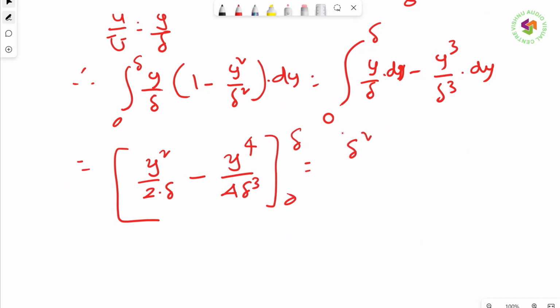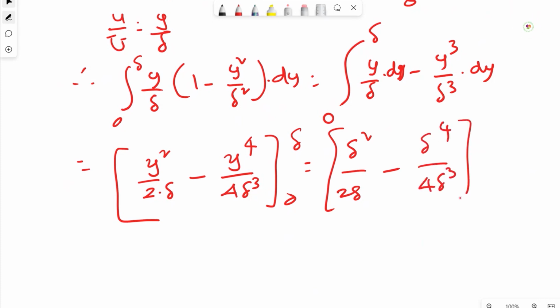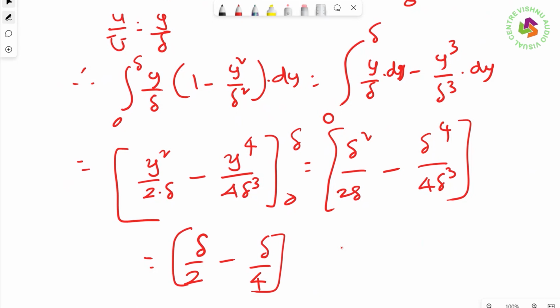So it is delta square by 2 delta minus delta to the power of 4 by 4 delta cube. So it is equal to delta by 2 minus delta by 4. So delta double star is equal to delta by 4.